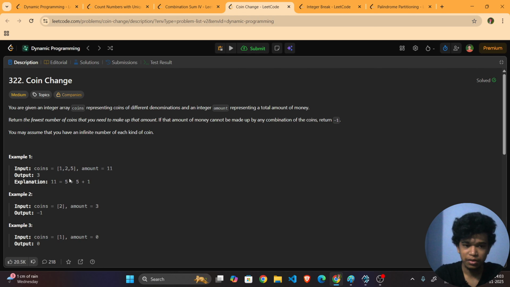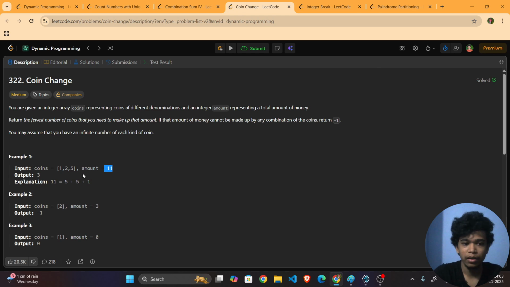Okay, fine. So for example, if it is 1 comma 2 comma 5 and amount is 11, then I can be taking 5 two times and this 1 one time, such that I'll be making the amount as 11. So how many coins I have to take? I have to take 3 coins. Can you understand this? They are asking us to find only the number of coins, the minimum number of coins, not the denominations.